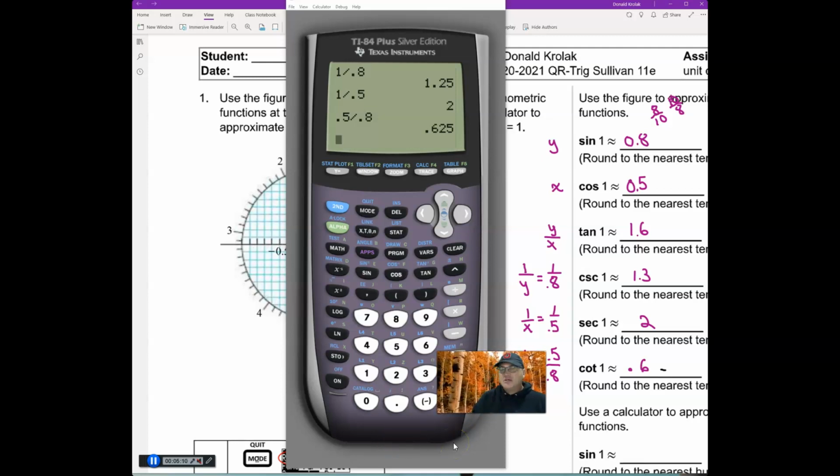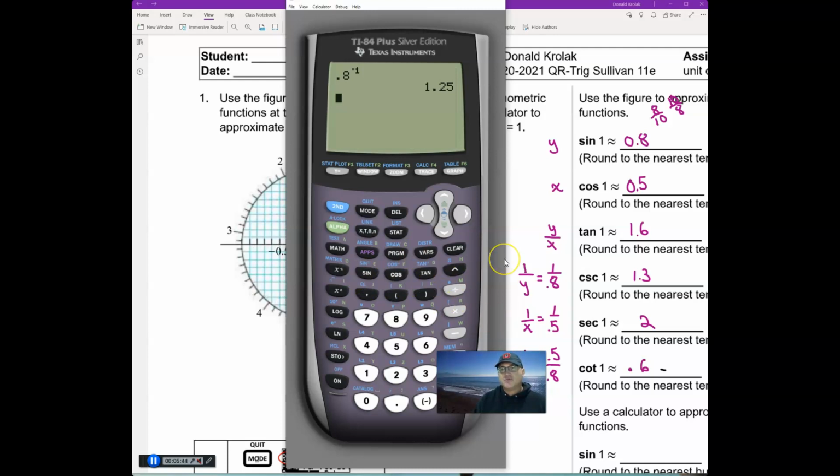When you're doing the reciprocal ones, you can also use the key that says x with a -1 exponent. If I was going to do the reciprocal of 8/10, another way I could do it would be to go 0.8, and now hit the reciprocal key, and I'm going to get 1.25, which we rounded to 1.3.